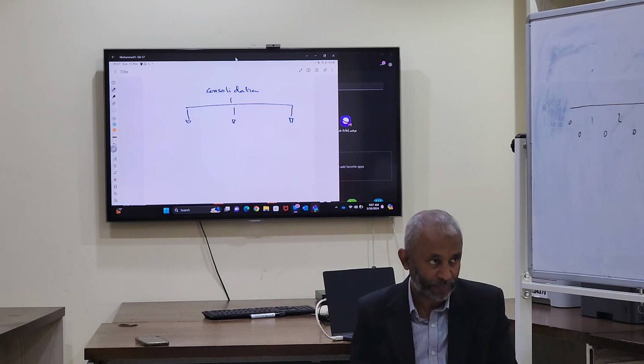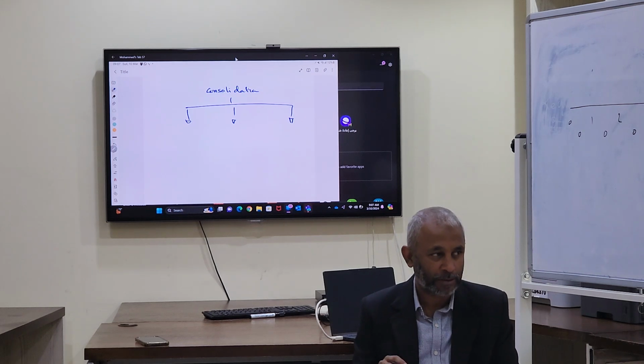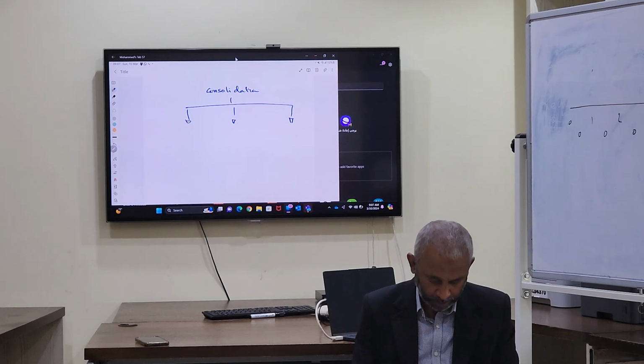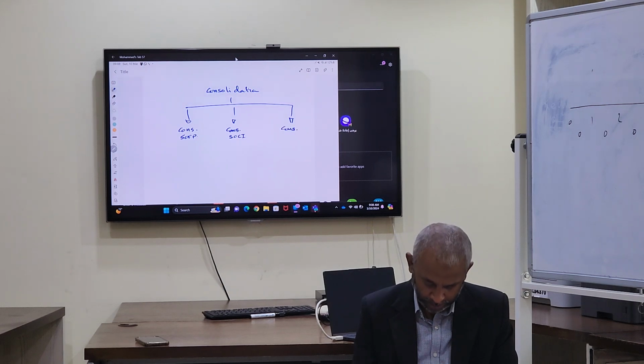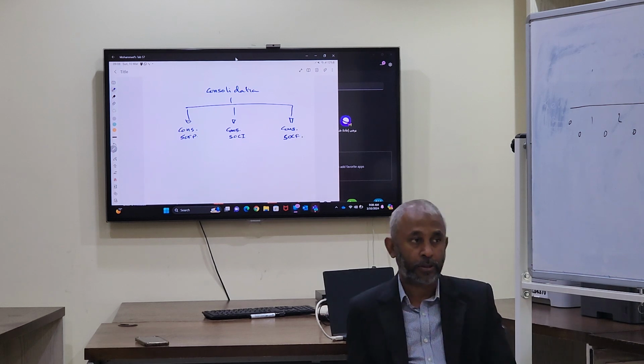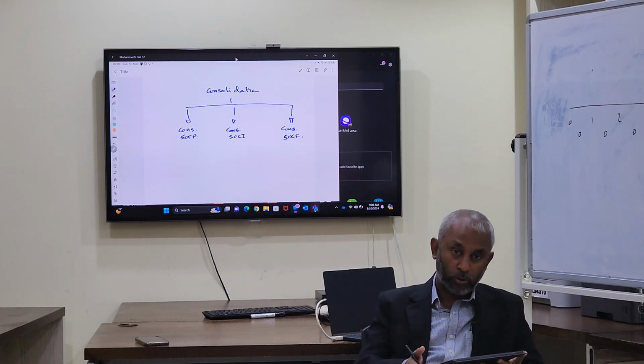Actually, not three, five, but mostly we concentrate on three. One is the consolidated statement of financial position. The other one is the consolidated statement of comprehensive income, and then the consolidated statement of cash flow. So these three documents you should know how to produce.